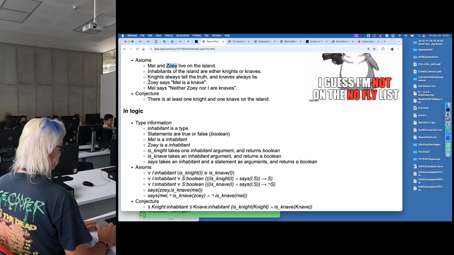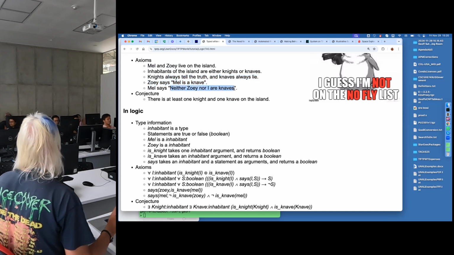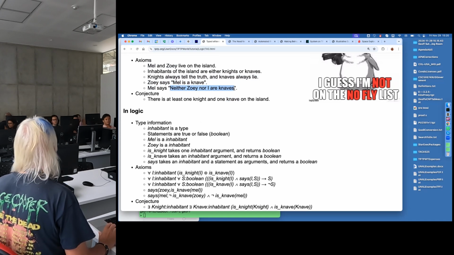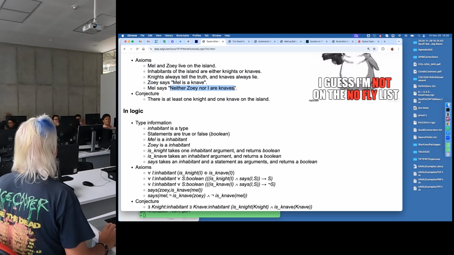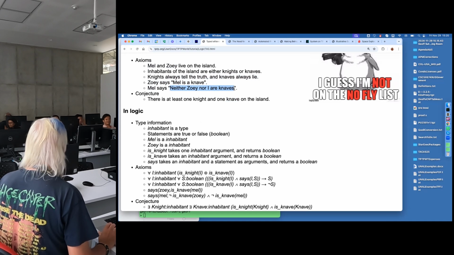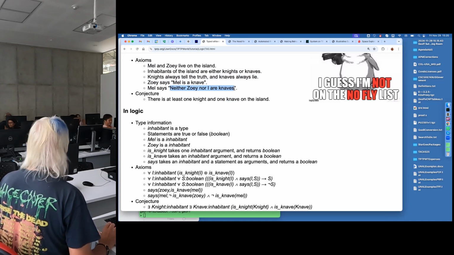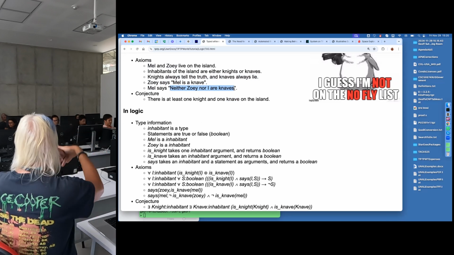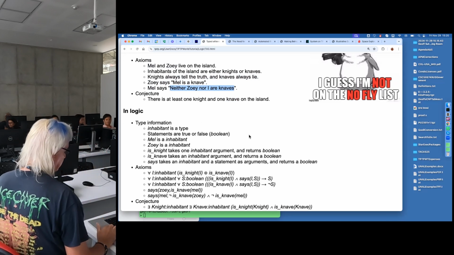Remember, Zoe says that Mel is a bad person, a knave, and Mel says we are both good people, neither of us is bad. What is Mel? This is difficult, and this is what politicians rely on. They talk rubbish and you can't tell what the rubbish is because it's magically woven together.